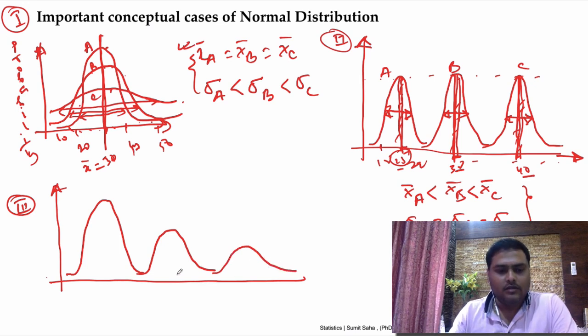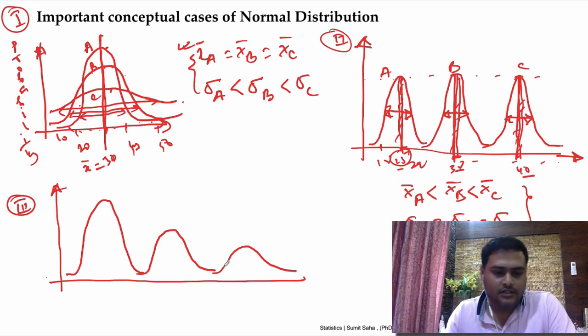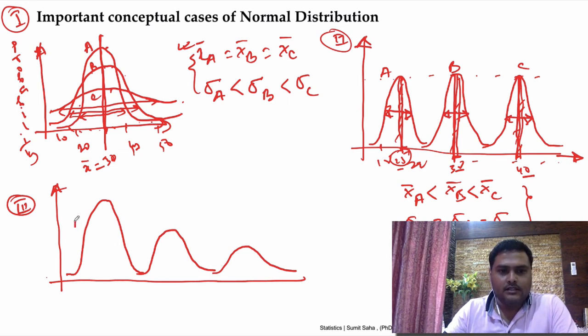These are all normally distributed curves. It may be a little bit skewed on this side, but consider it a normal distribution curve because I am drawing freehand. So this is curve A, this is curve B and this is curve C.